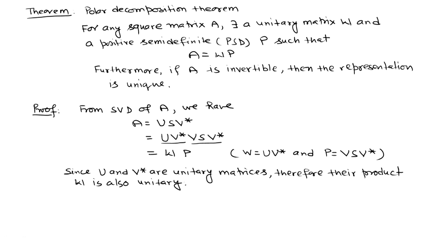So we have shown that W is unitary. What do I need to show now? That P is a positive semi-definite matrix.